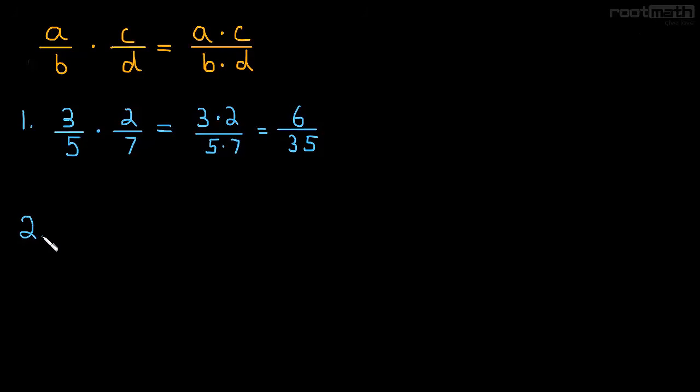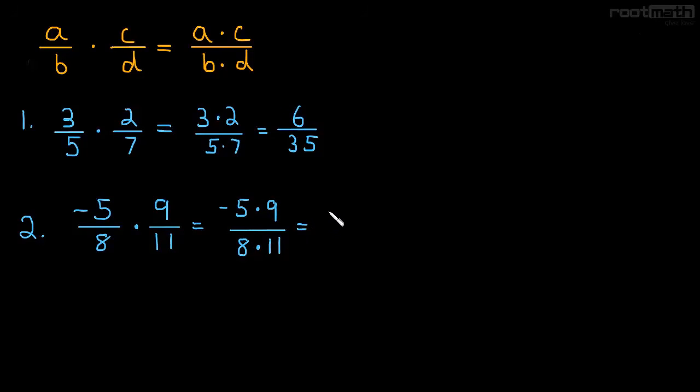How about -5 over 8 times 9 over 11? Well, this is just -5 times 9 over 8 times 11. And -5 times 9 is -45, and 8 times 11 is 88.